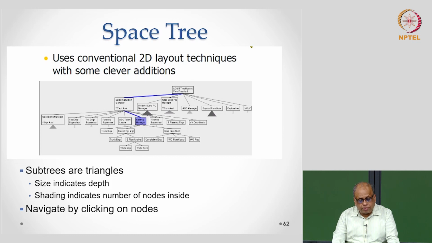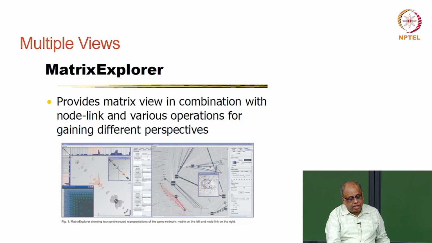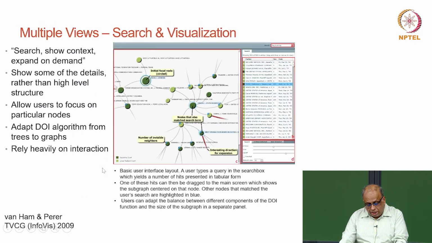So this kind of focus plus context visualization has been utilized a lot to show large structures, which can be graphs or trees. And the final kind of interaction you can have is multiple views. For example, you can have a matrix view in combination with the node and link view for various operations, for gaining different perspectives.